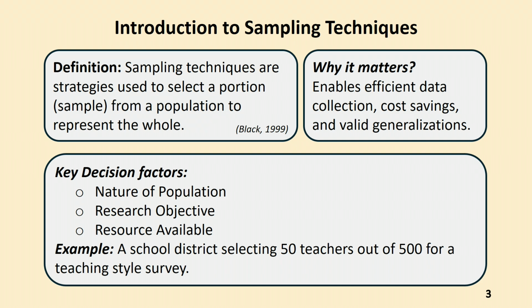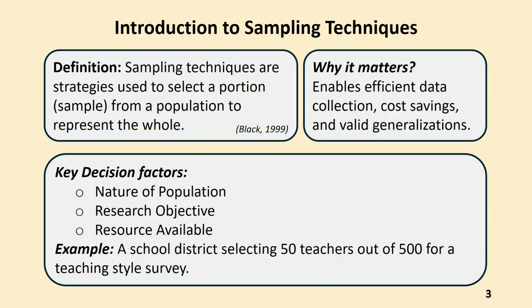Second is research objective. You have certain research objectives in your research proposal, and the way you have defined them, now it comes into action how you are going to select a sample for that research objective, because you see a connection between research objectives, your population, your sample, your data obtained, analysis, and then findings and generalizations.